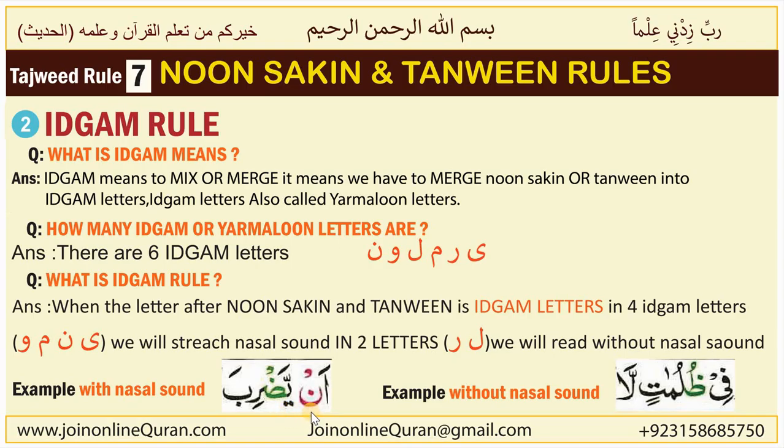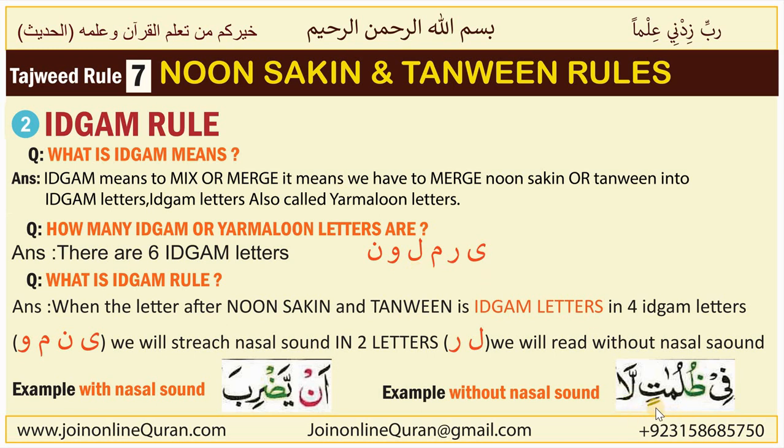Okay, you can see here is noon sakin, and after noon sakin there is ya, which is from the idgham letters. And you can see here it is tanween because the double kasra sign is coming here, and after tanween there is lam, which is also from the idgham letters. So what will we do here?